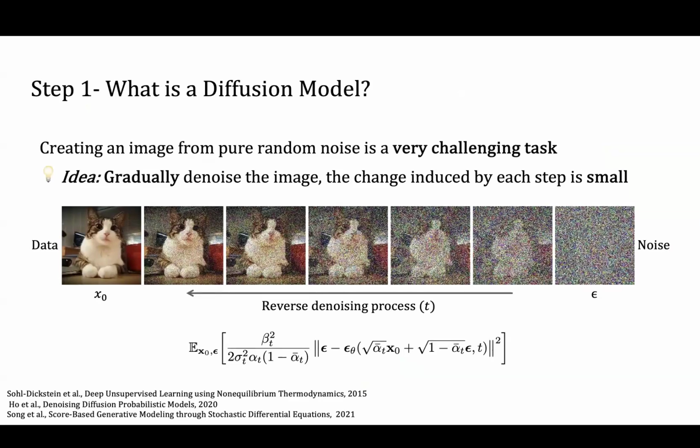So let's understand diffusion models. As I said before, GANs or VAEs were the state of the art. Basically, every generative model in the computer vision realm takes a pure random noise, epsilon, and turns it into a data point, x0, okay? GANs and VAEs did that directly, mapping a noise to a clean signal.